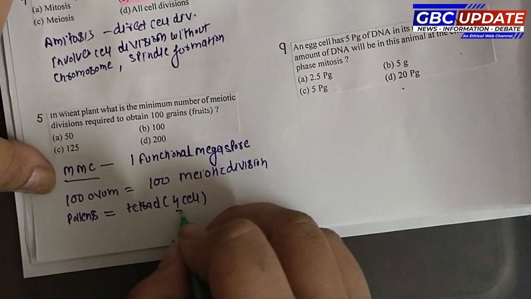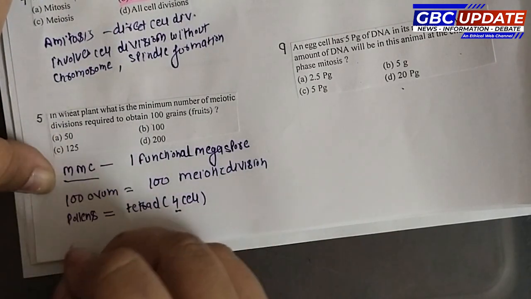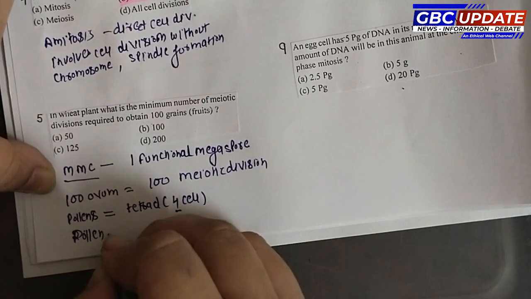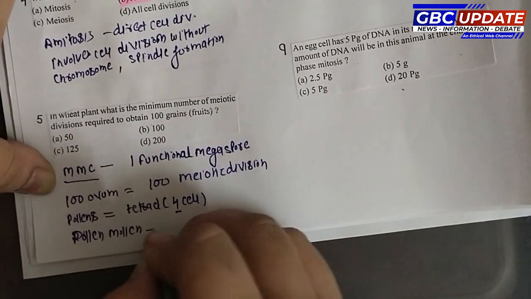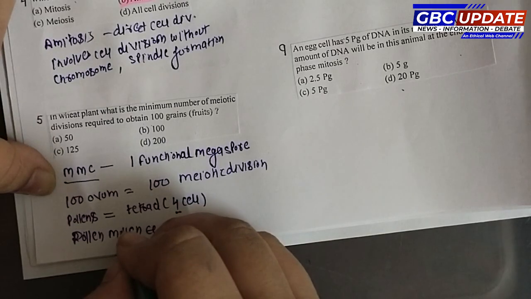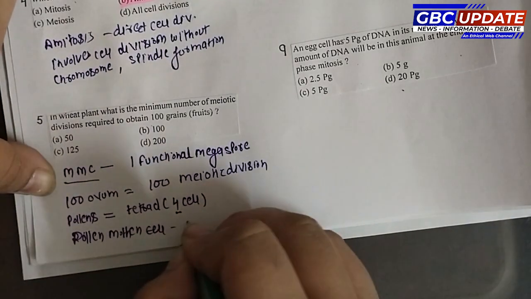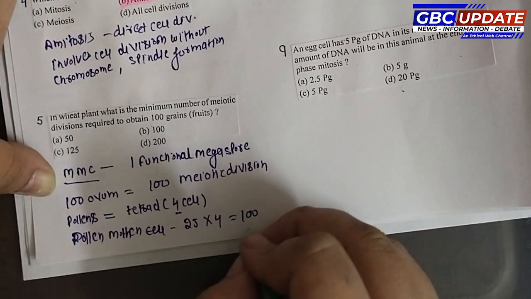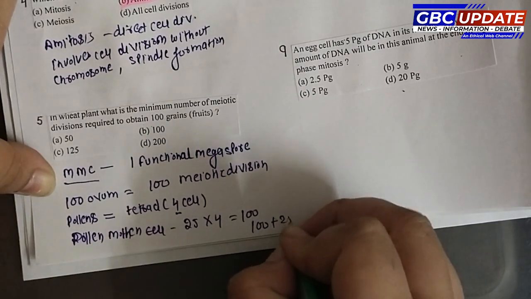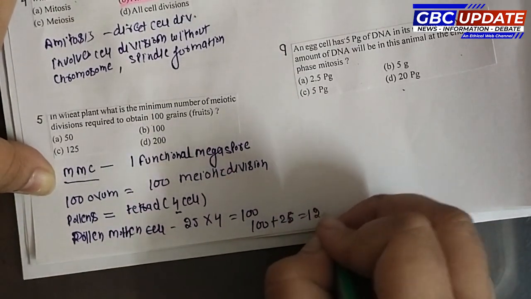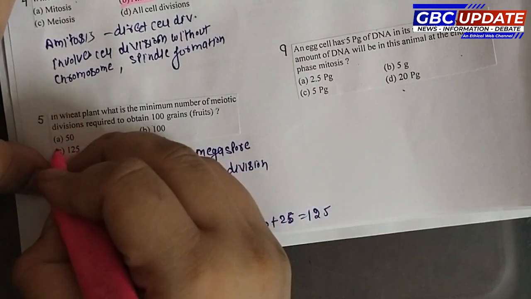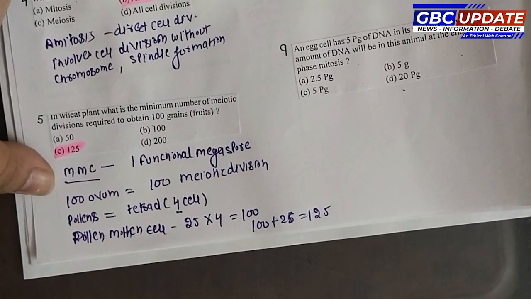So for the production of 100 pollen, 25 pollen mother cells will divide 25 times to produce 100 pollen. So the answer will be 100 plus 25, that is, 125 meiotic divisions are required for the production of 100 grains.